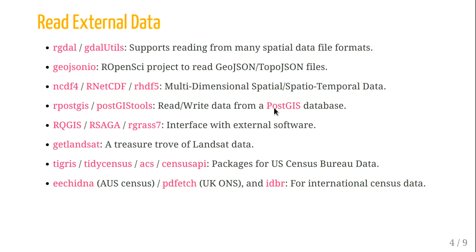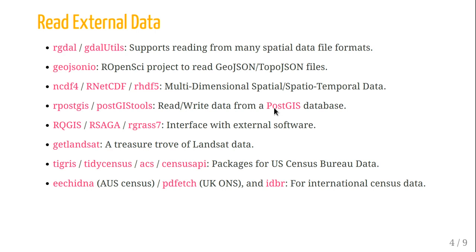Another very popular data storage format for spatial data is the NetCDF4 format and a related one, rhdf5. To be really honest, I think NetCDF4 can encode data in HDF5 format as well, so I'm not completely aware of all the distinctions between the two.